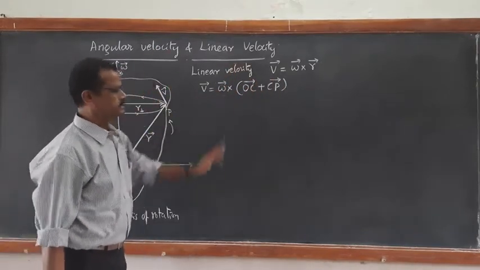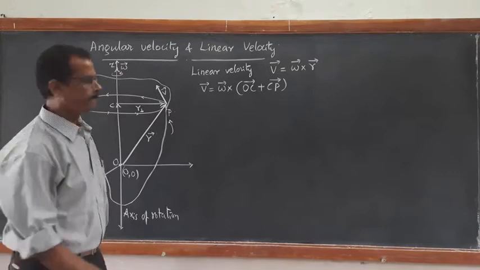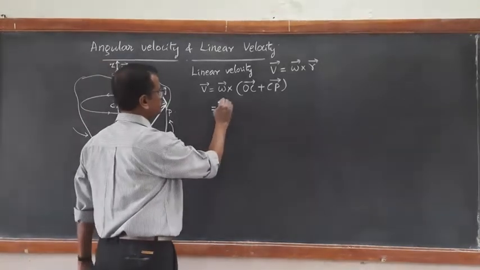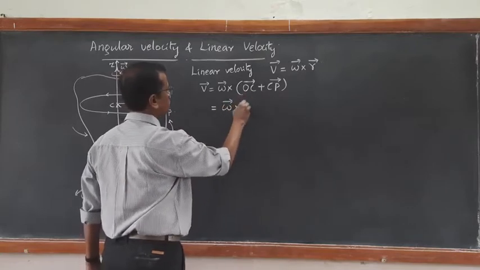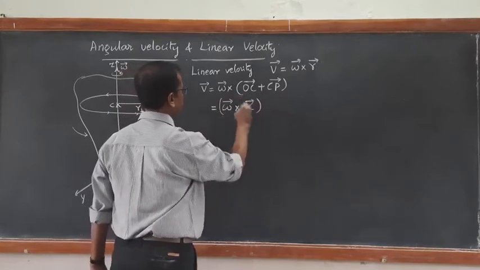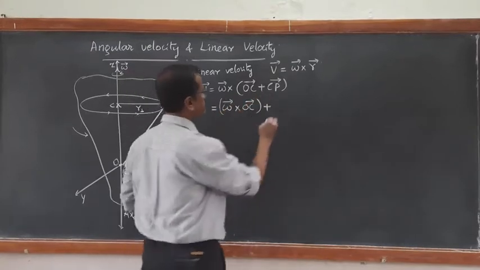Now expand this using the distributive property: omega cross OC plus omega cross CP.